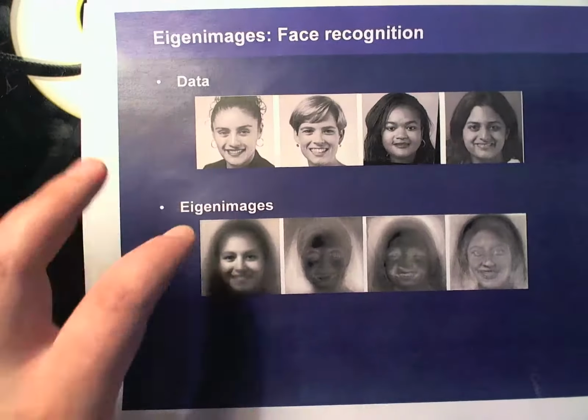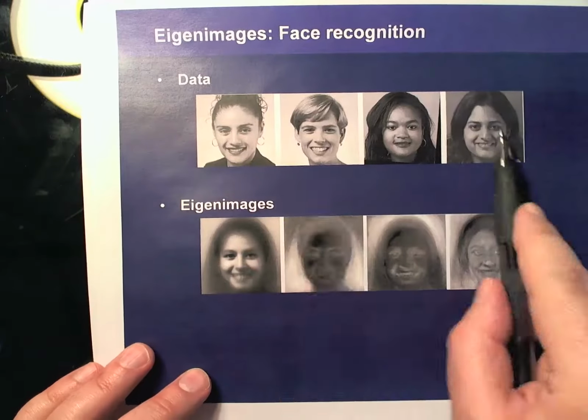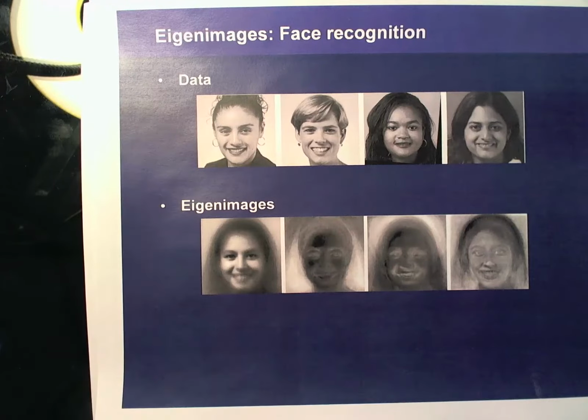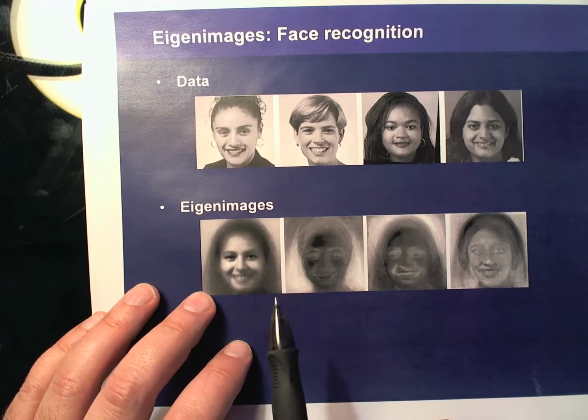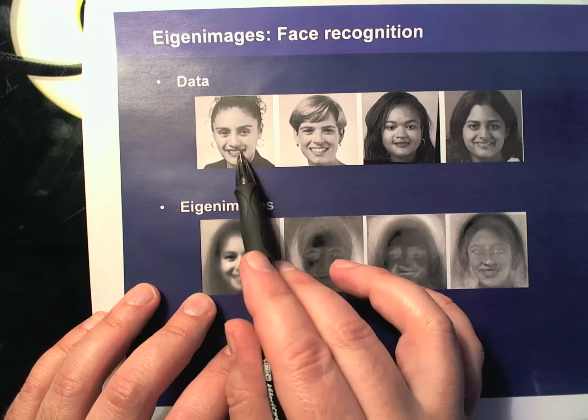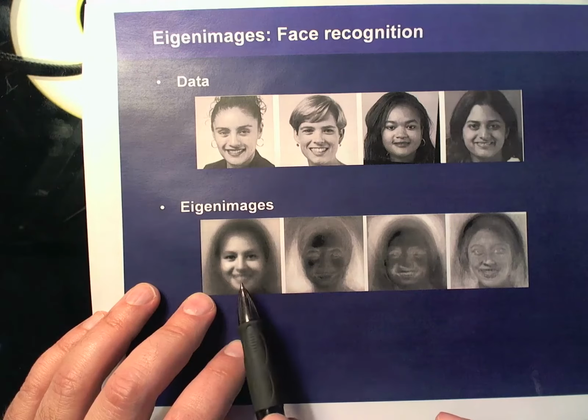So in this data set, these are all women. And so this first basis vector already looks like a woman. And if I would simply tell you one number, let's say 1, I could say, I want to construct this person. I take one of this face.